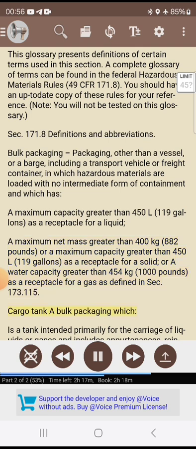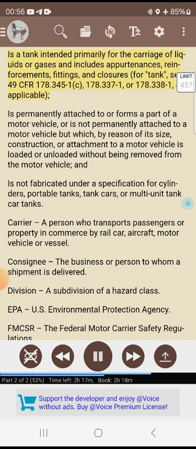173.115. Cargo tank: a bulk packaging which is a tank intended primarily for the carriage of liquids or gases and includes appurtenances, reinforcements, fittings, and closures per 49 CFR 178.3451, 178.3371, or 178.3381, as applicable.